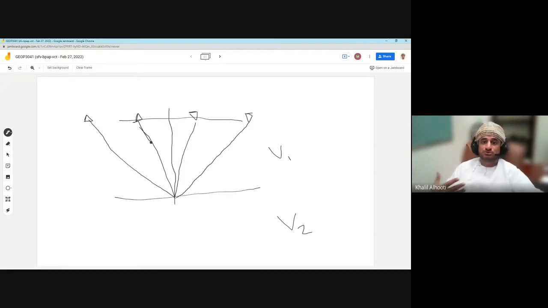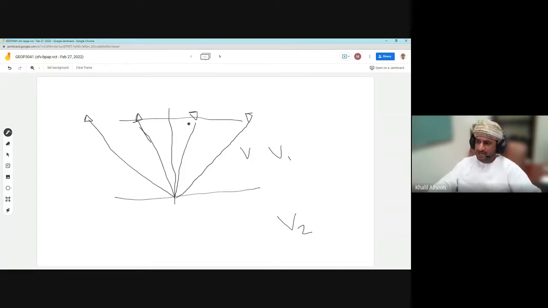What we use to determine the velocity is what we call the normal move-out technique. The equation of normal move-out can help us to determine the velocity of the second layer, and so on, and also their thicknesses.